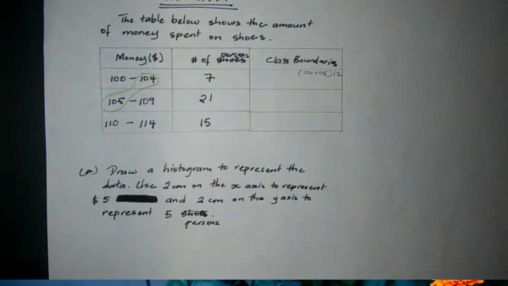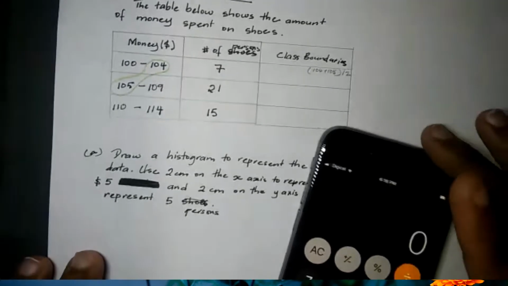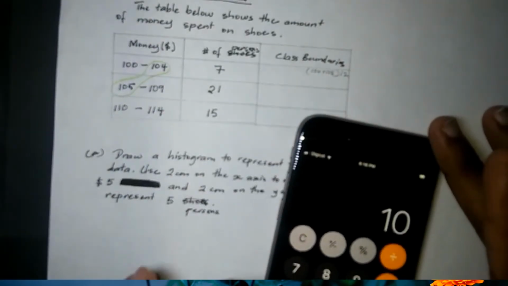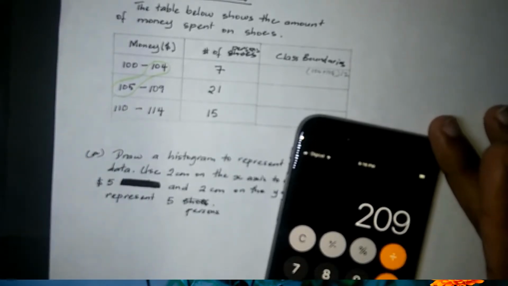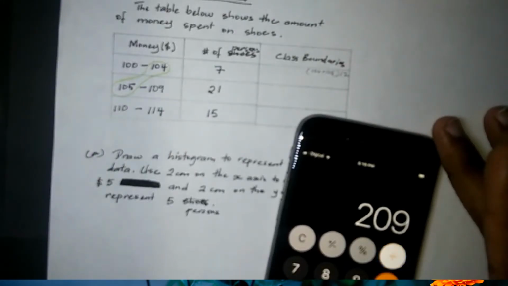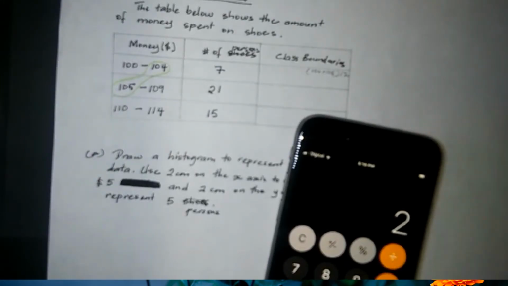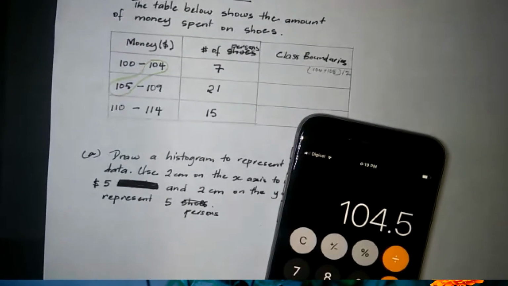So I'm going to use my calculator to show you what that looks like. So 104 plus 105 will give us 209, and I'm going to then divide that by 2. So I get 104.5.